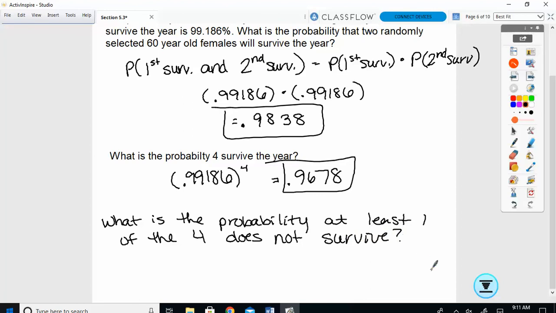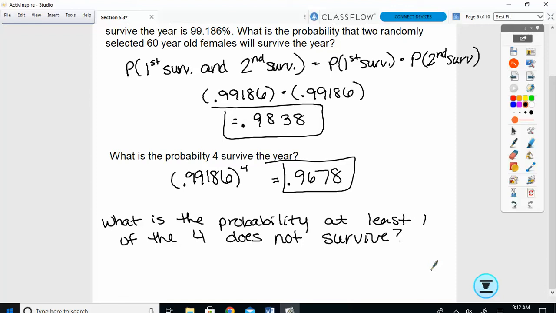So we found the probability that all 4 live just by multiplying that probability 4 times, or doing it to the 4th power. What's the probability that at least one of the 4 does not survive? So there are several ways of doing it. You know, at least one of the 4, so we could find every combination. So the first one doesn't and the next 3 do, or the second one doesn't and the rest do, or the first and second don't and the third and fourth do. But that's a lot of combinations, right?